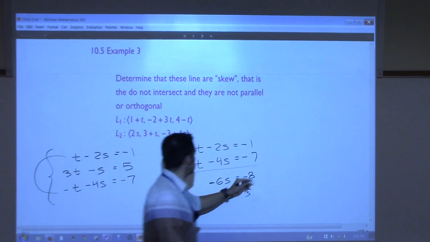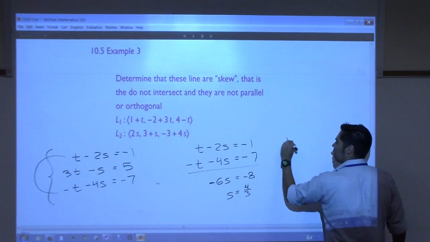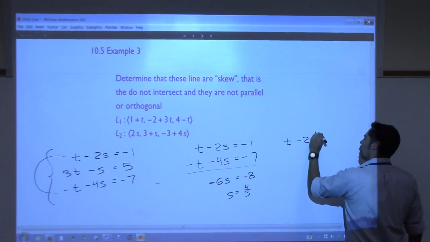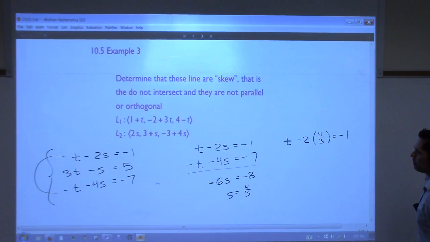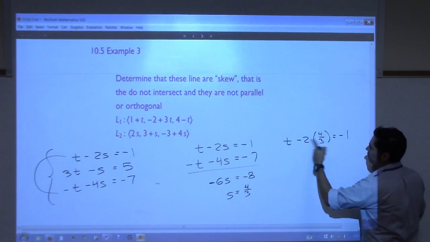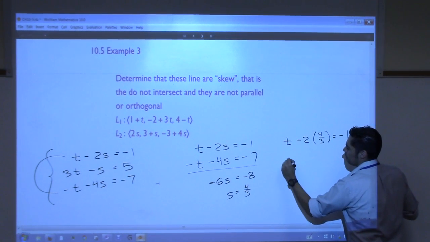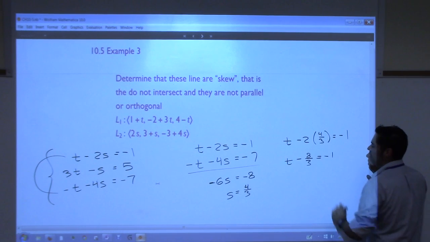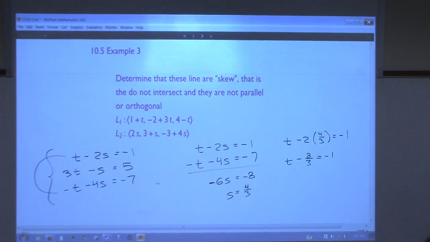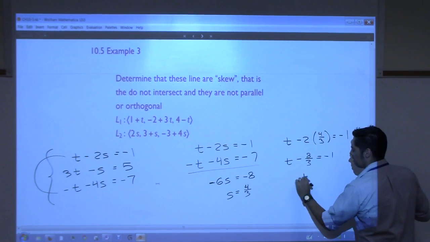Okay, so I'm going to substitute that back into the first one. 2 times 4/3 equals negative 1. And then, what? t minus 8/3 equals negative 1. Add 8/3 to both sides. What do you get? t is 2/3?